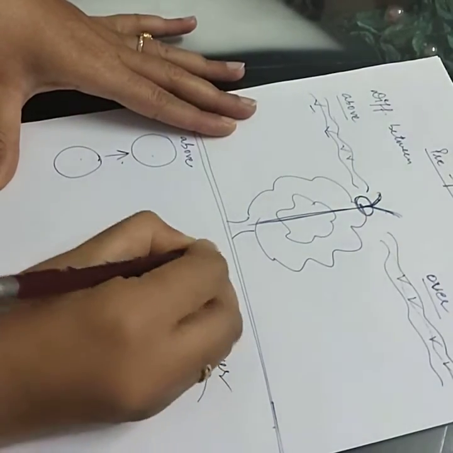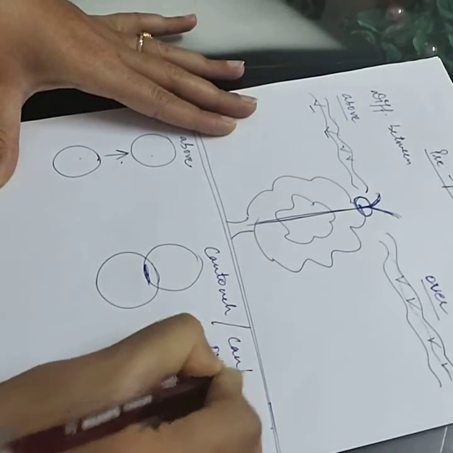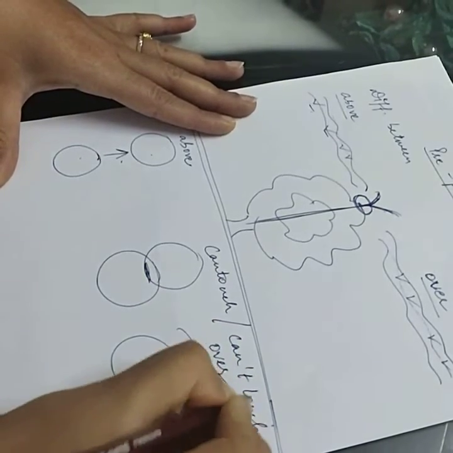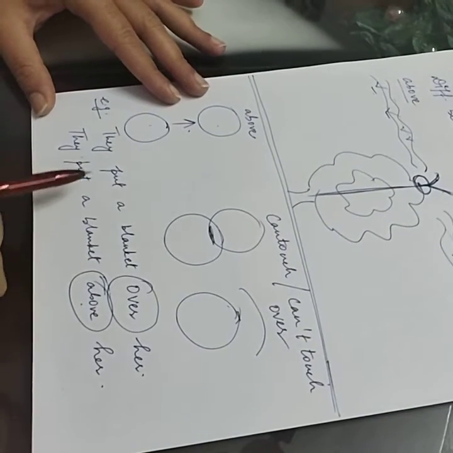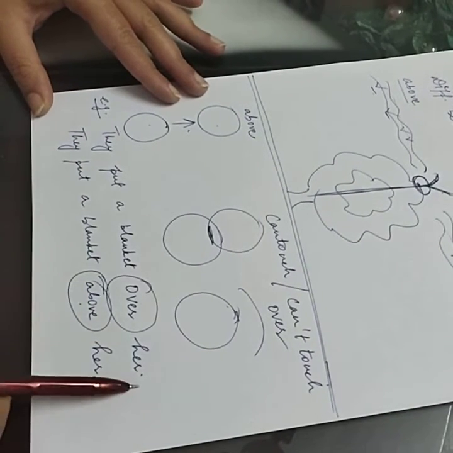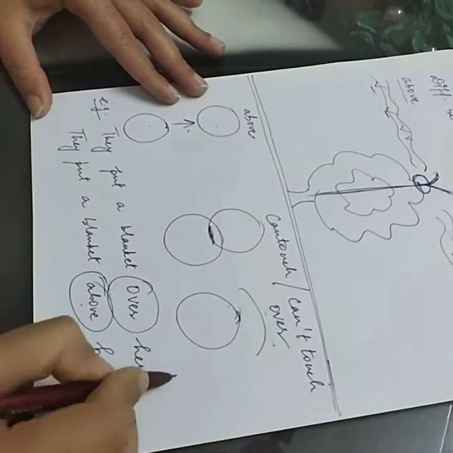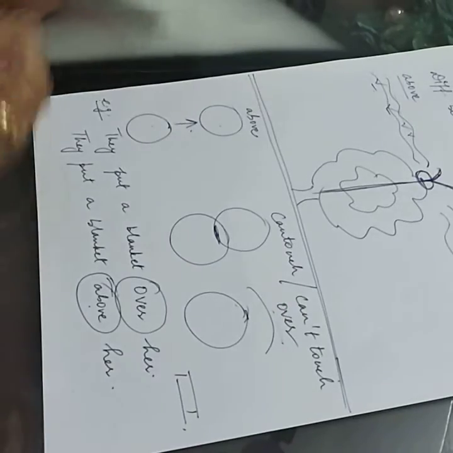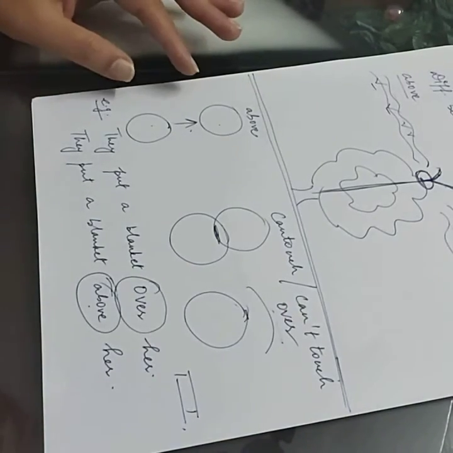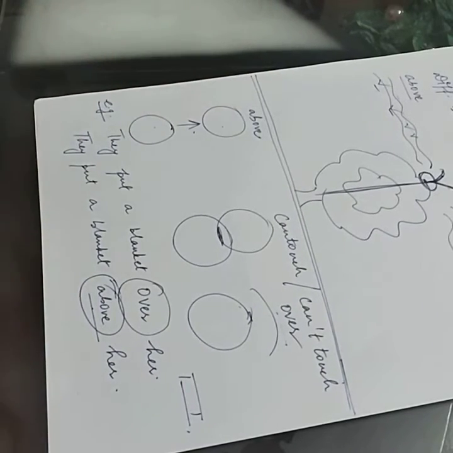So can touch, or cannot touch. Here are two sentences. First: they put a blanket over her. That means over her, you can see it touches the surface. Or: they put a blanket above her. It cannot be. Above means it does not touch.